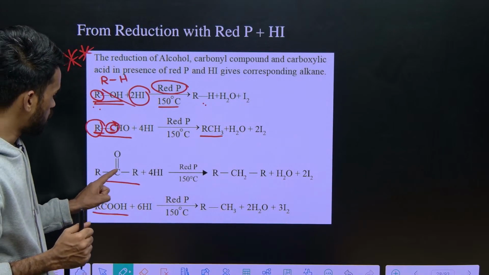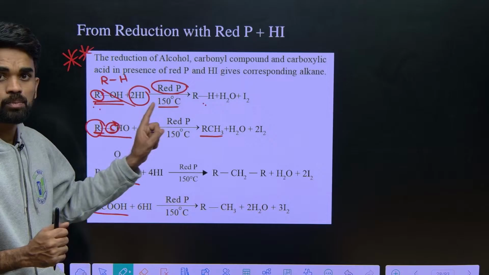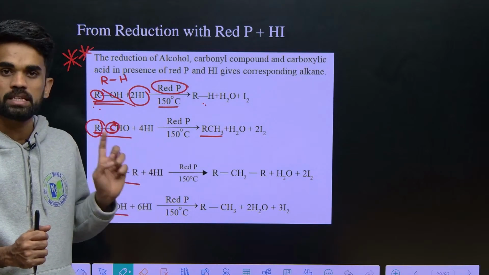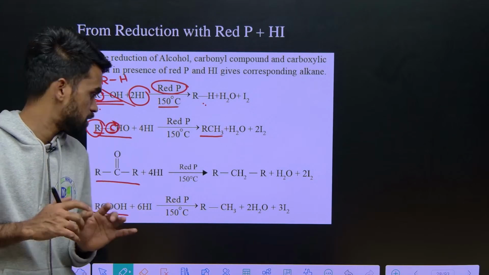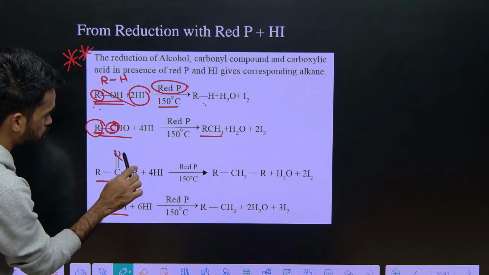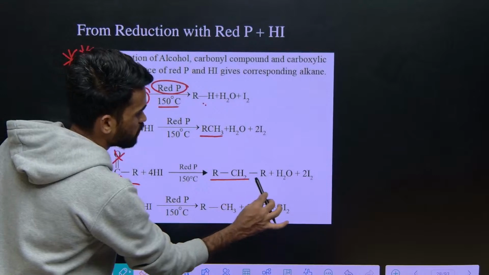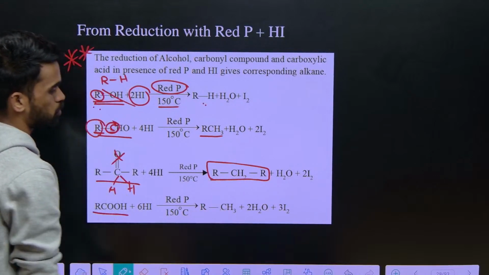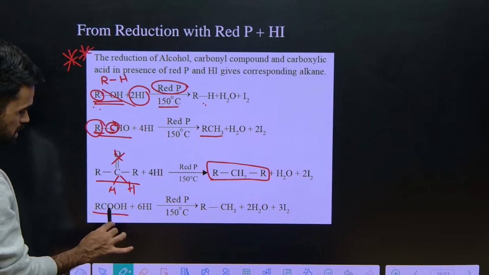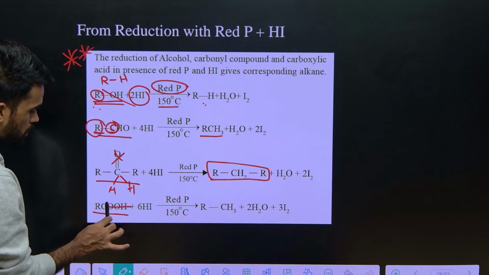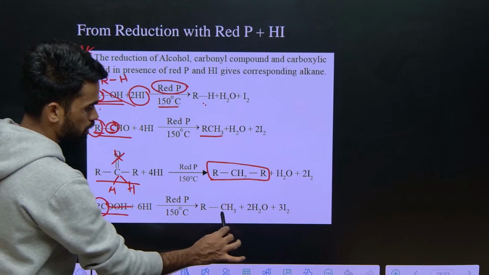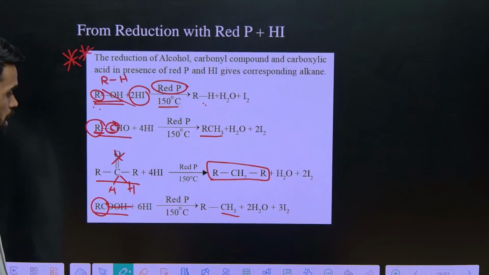Just convert the carbon into alkane type, an sp3 carbon, by adding hydrogen, that's it. Just remove this double-bonded O and add 2 hydrogens here. That's it. It will give your respective alkane-type product. For carboxylic acid, remove this COOH part and make this carbon a methyl group, like CH3, by adding hydrogen.